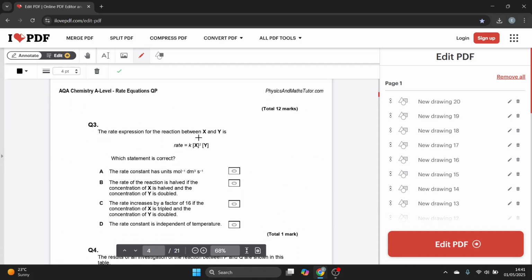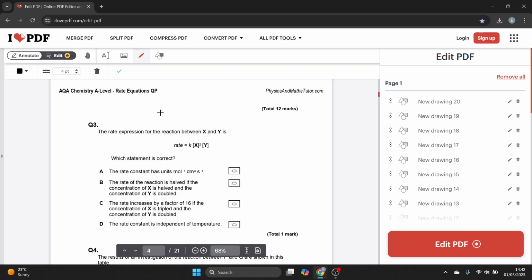Kilojoules per mole. Question 3. The rate expression for the reaction between X and Y is this. Which statement is correct? The rate constant has units mol to the power minus 1 dm cubed s to the power minus 1.